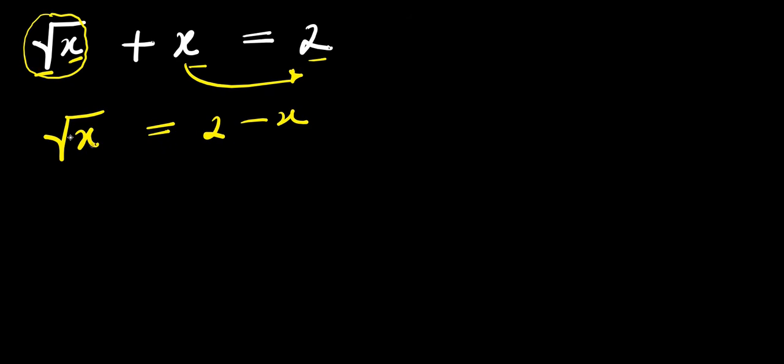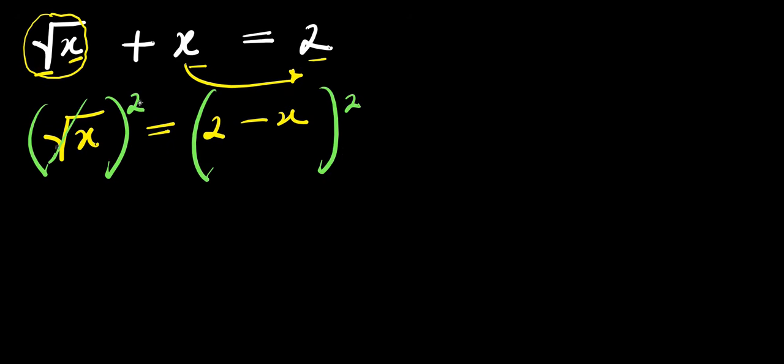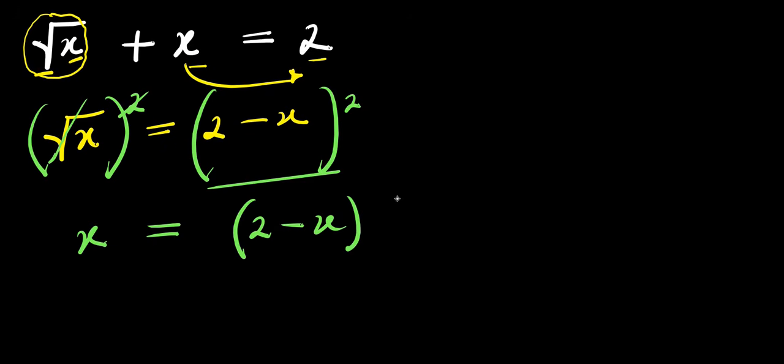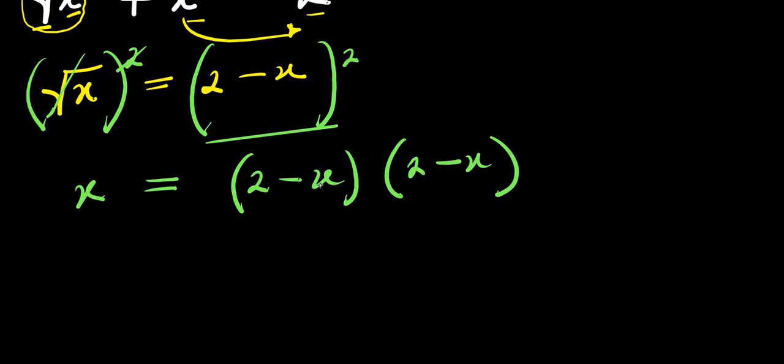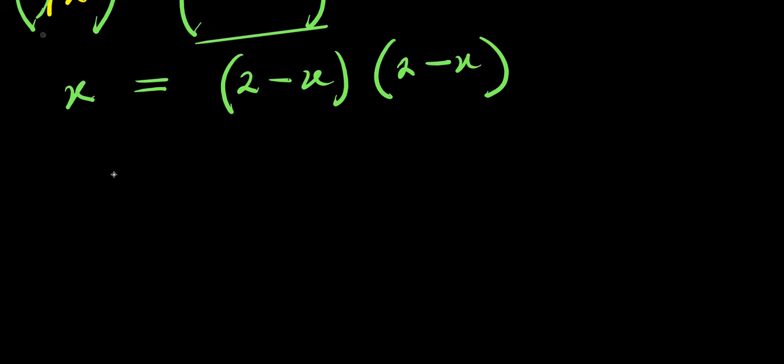So right from here, I will take the squares of both sides of this equation. The square root cancels the square, so I have x equals 2 minus x times 2 minus x. Now I will expand this.